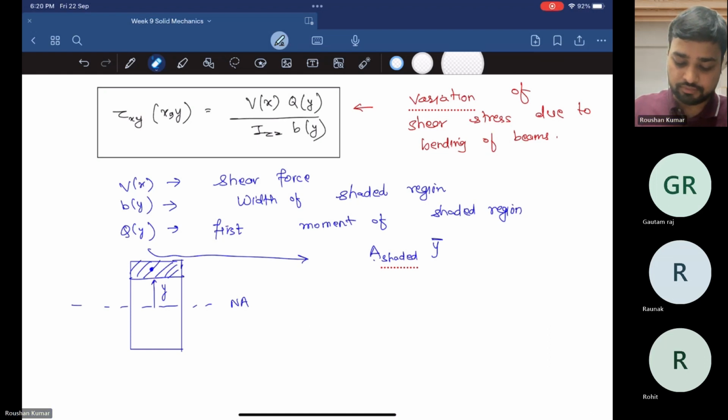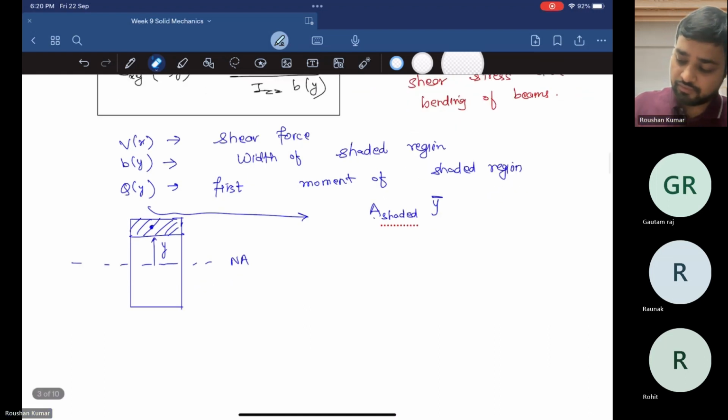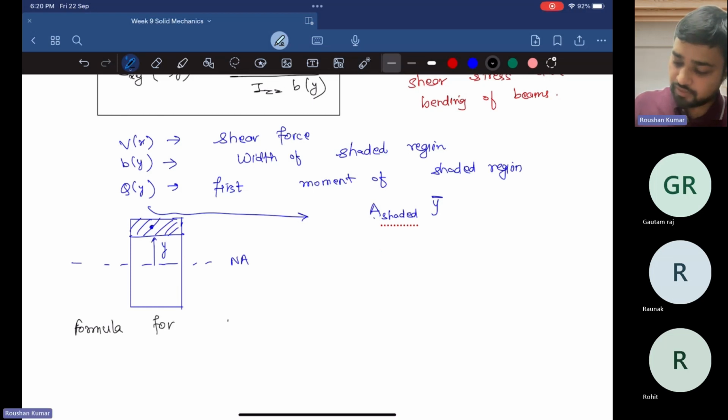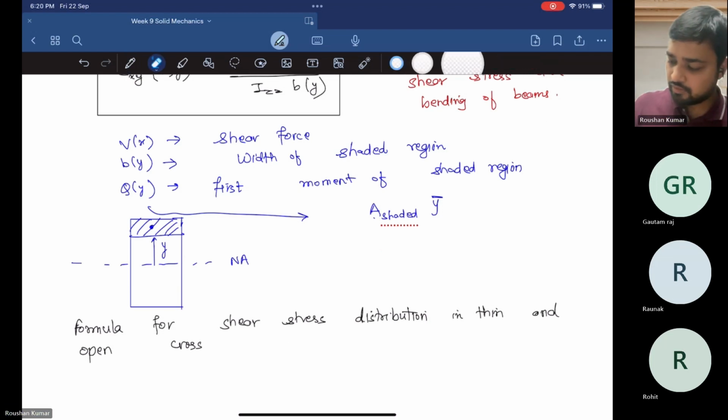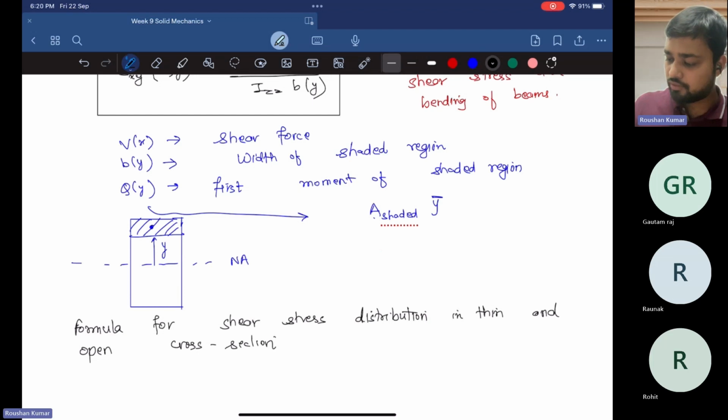The formula for shear stress distribution in thin and open cross section.